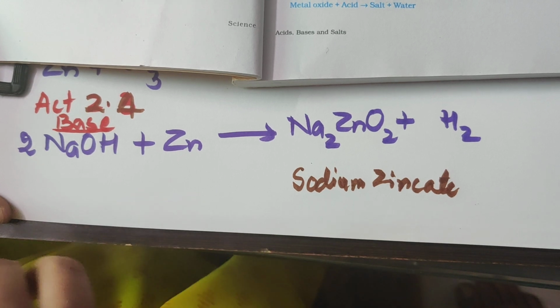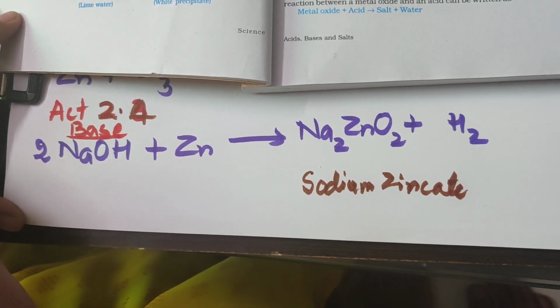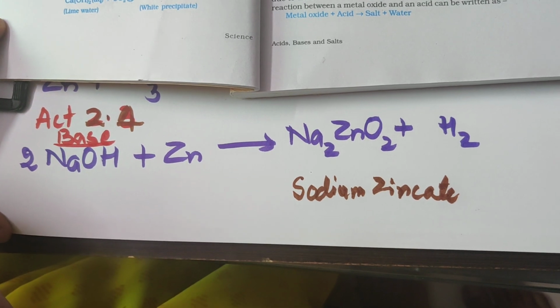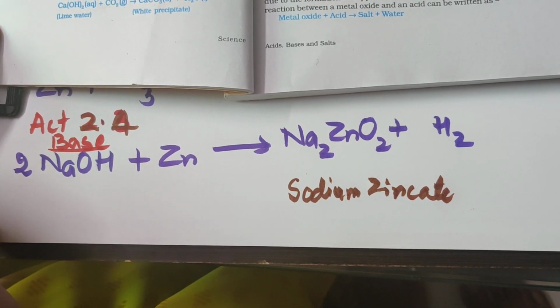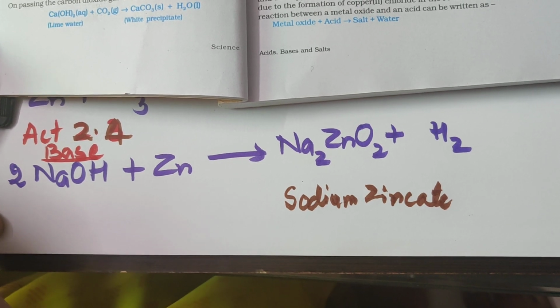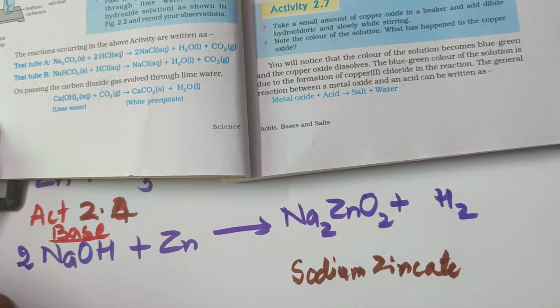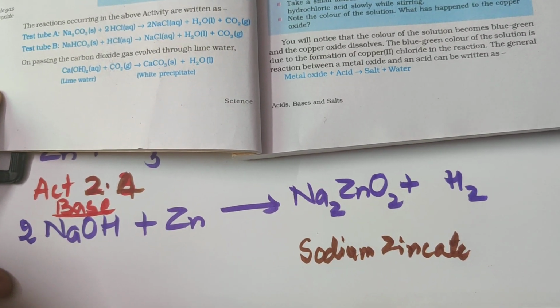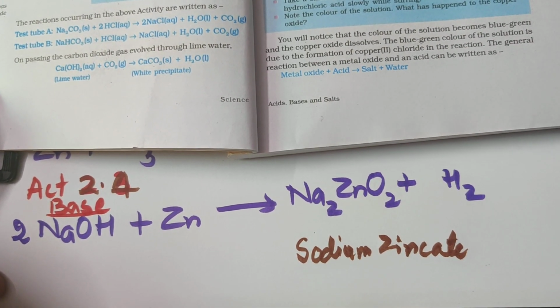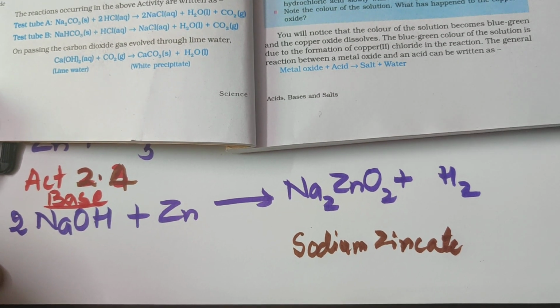So in both cases we observe that when a metal reacts with an acid, hydrogen gas is liberated. Even when a metal reacts with a base, with a few bases, it also liberates hydrogen gas. So what is common between acid and base is the liberation of hydrogen gas when an acid or base reacts with a metal.